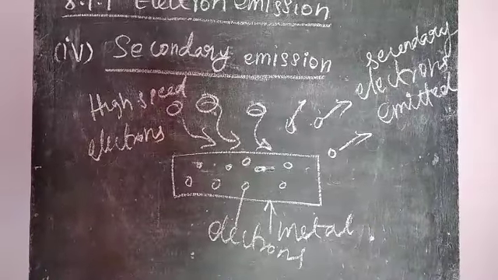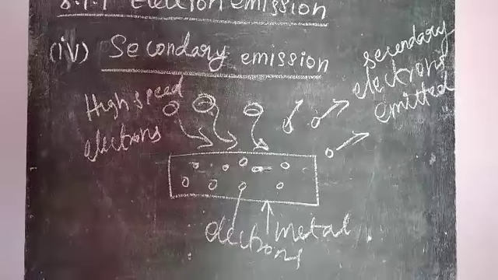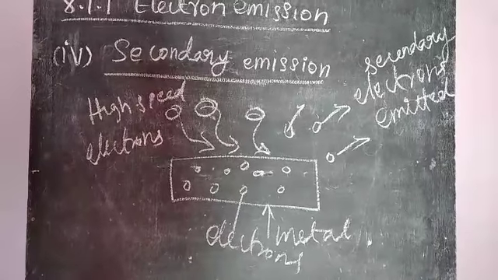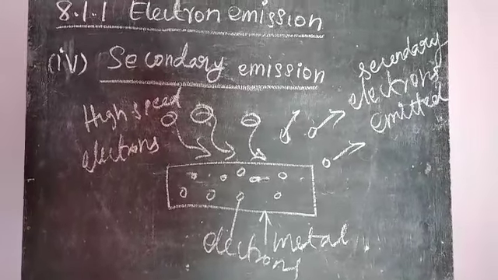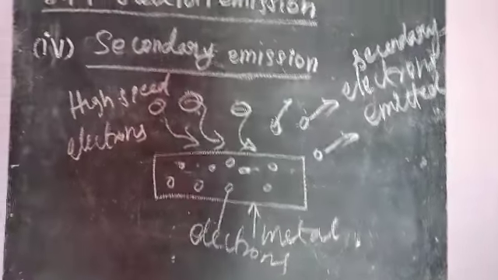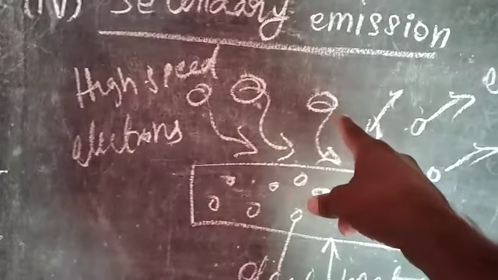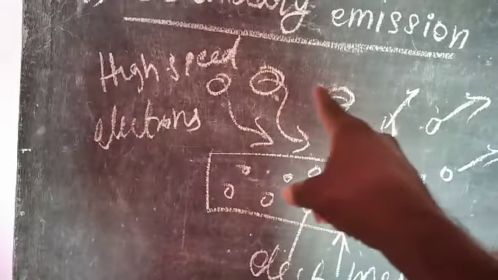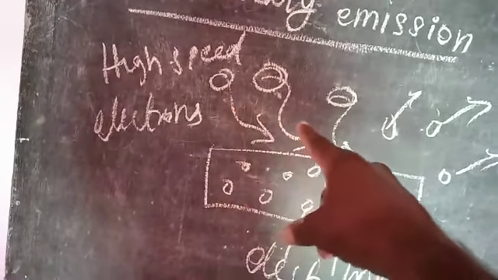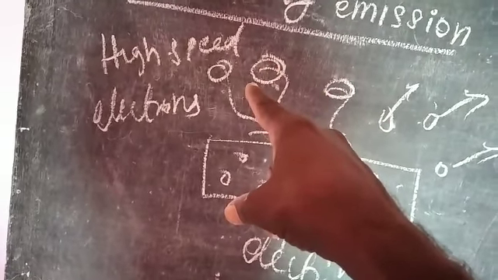The coil emits electrons. These are called primary electrons. They travel at high speed and bombard the metal surface. These high speed electrons are emitted from the hot filament, as in a cathode ray tube or X-ray tube.